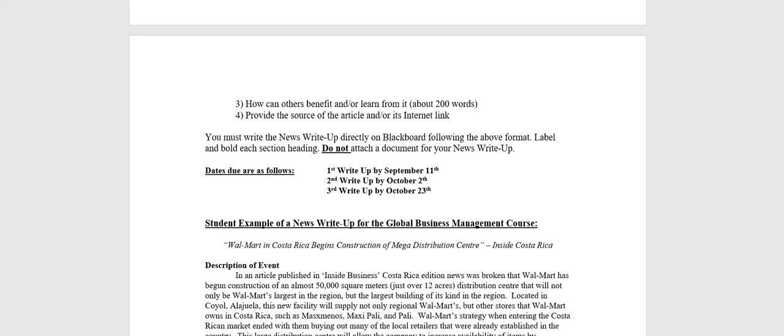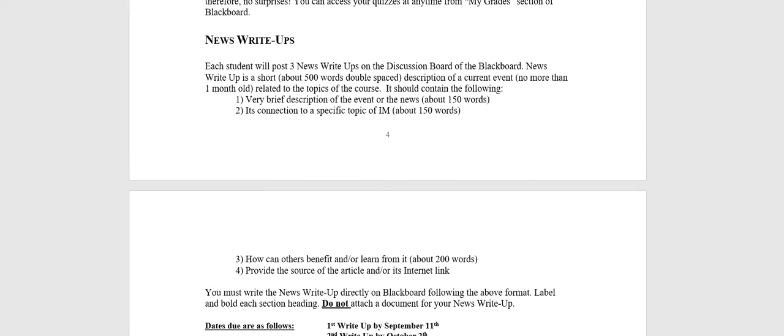For the write-ups, I want you to pick a very important or interesting issue related to the international and global management topics that we are going to cover, and write about it. The information about how to write, and how many sentences or paragraphs you have to have, is very clearly spelled out in the news write-up.